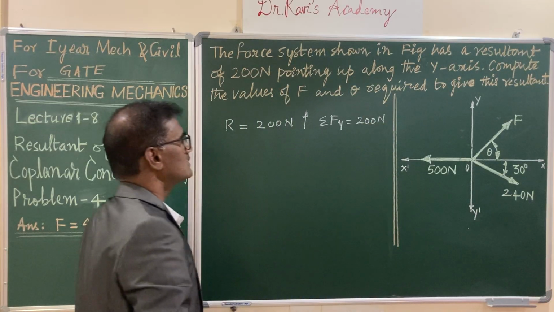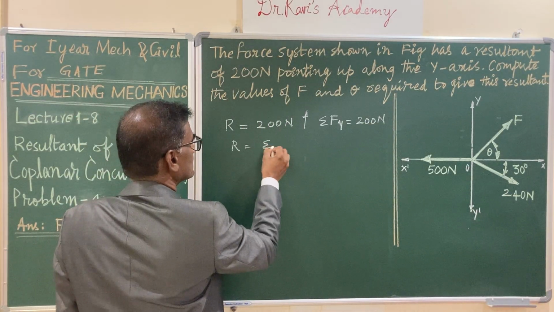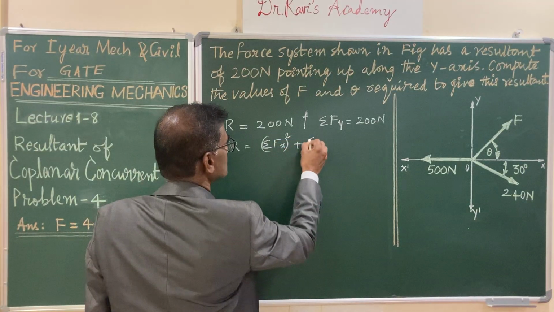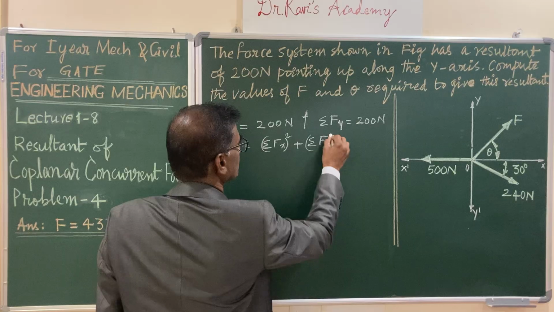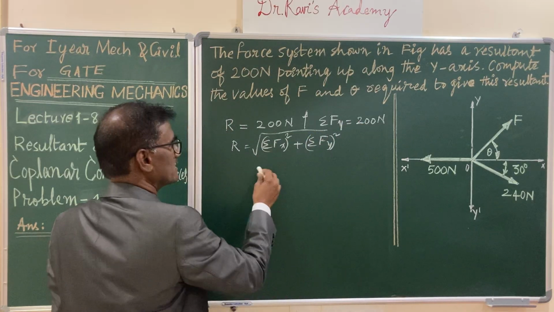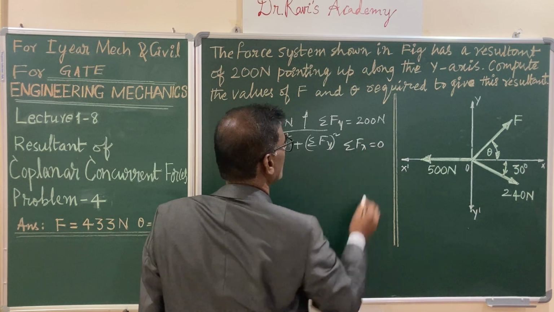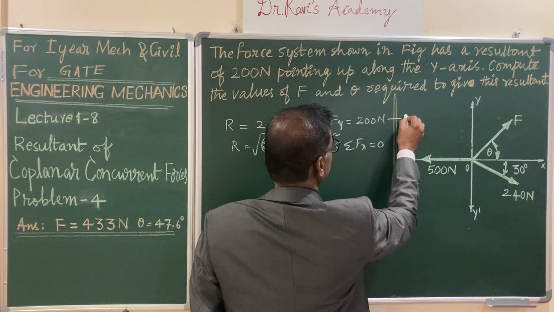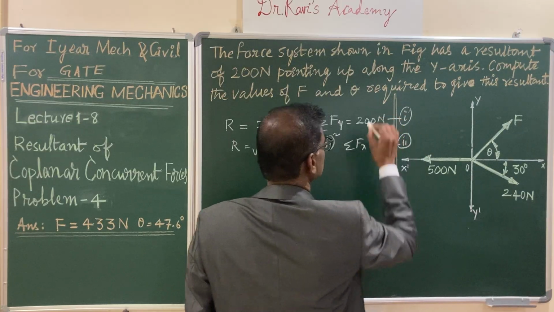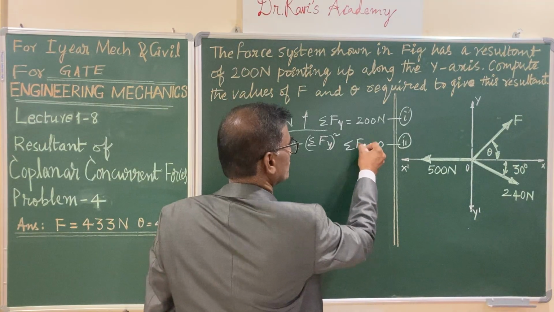As you know, the resultant R is equal to the square root of sigma Fx square plus sigma Fy square, and when sigma Fy itself is 200, obviously sigma Fx will be 0. So these are the two equations: equation 1 is sigma Fy equals 200 newtons, and sigma Fx is 0.